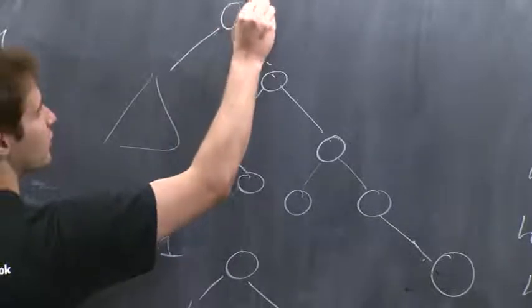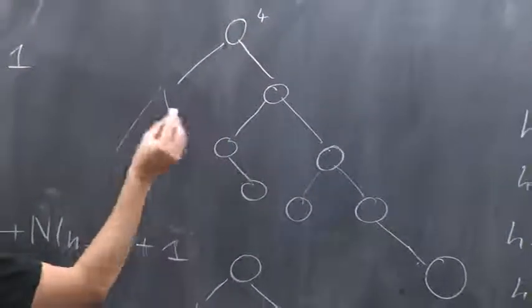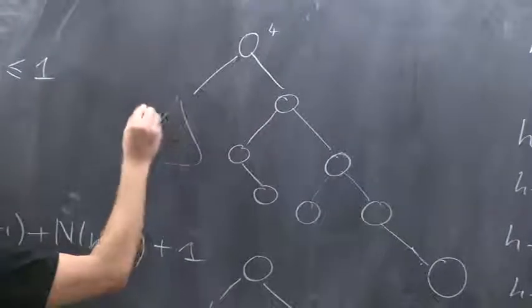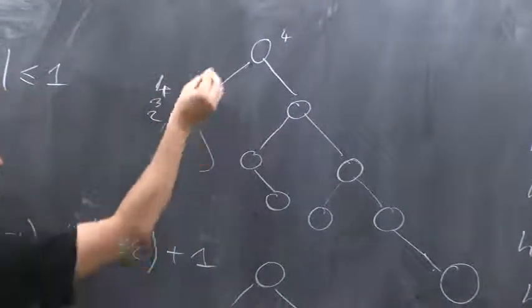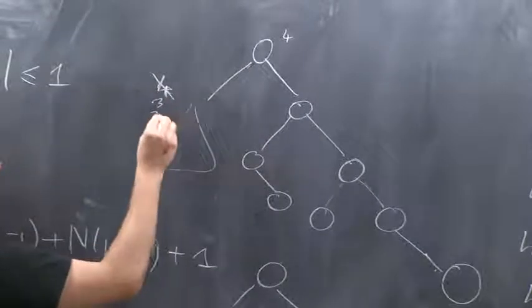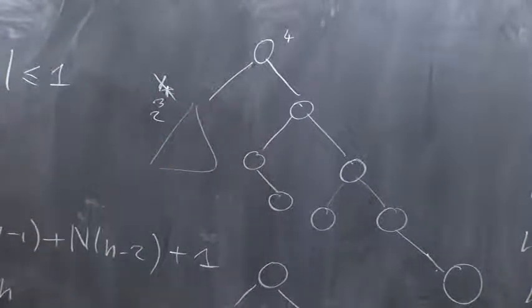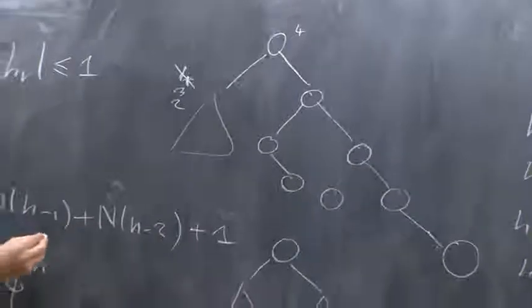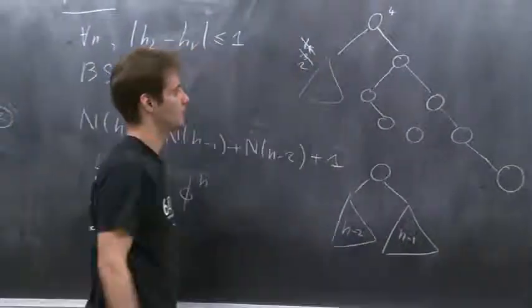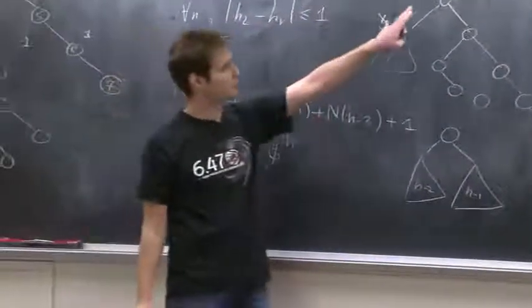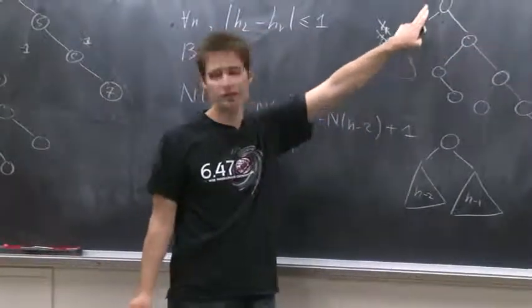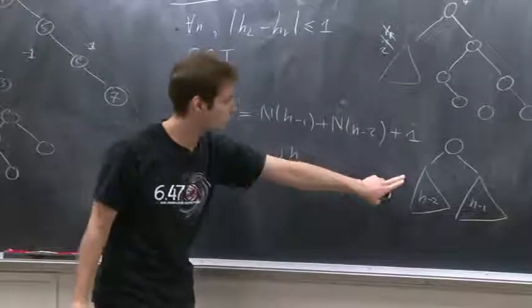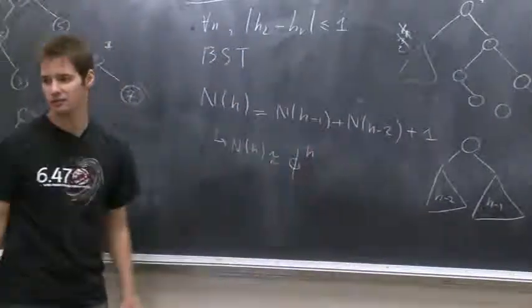I know for sure that this node has height 4, so the difference has to be plus or minus 1. So 2, 3, 4. I know for sure I don't want it to be 4. And now I have to choose between 2 and 3. A tree of height 2 will have fewer nodes than a tree of height 3. So that's why we're doing it this way. To build a tree of height 4, build a tree of height 3, build a tree of height 2, connect them together. So that's how we get to this and then this.